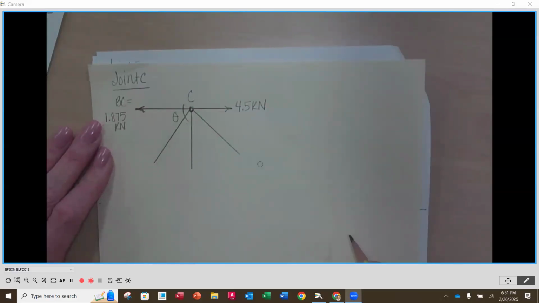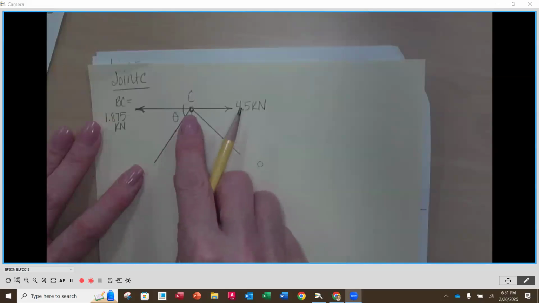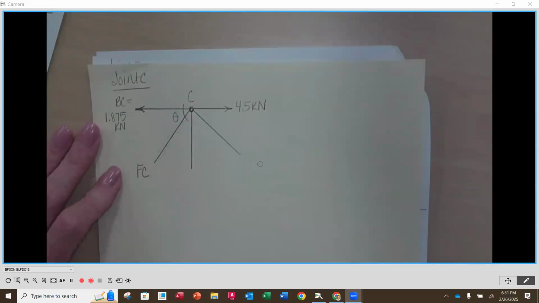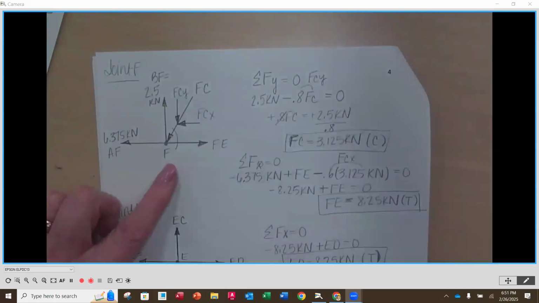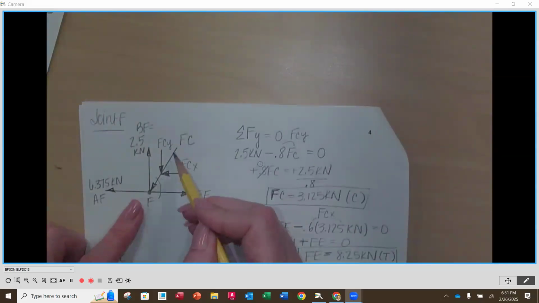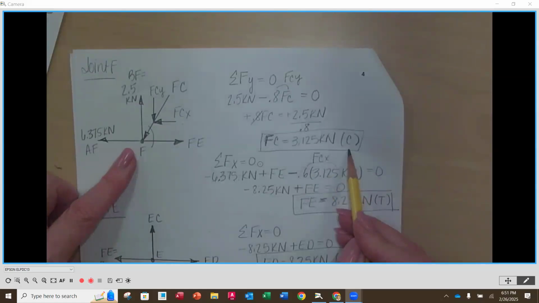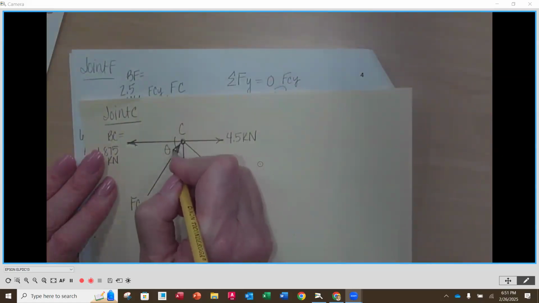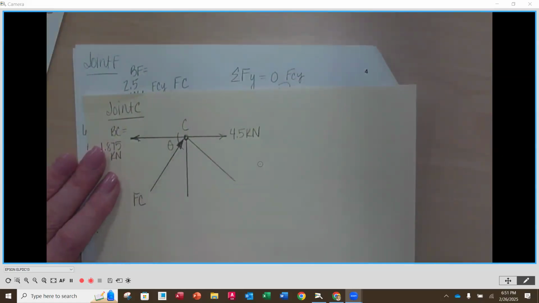Okay. We had F to C, FC. We've got to go back to joint F. This was FC. It was in compression, 3.125. So that means it's going to be in compression on C as well.